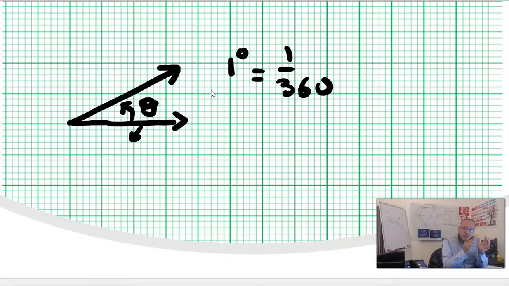Especially in Quadrant 2 or 3 or 4, or if we have a negative angle that we started with in a clockwise direction and we want to go back to a starting angle between 0 and 360.